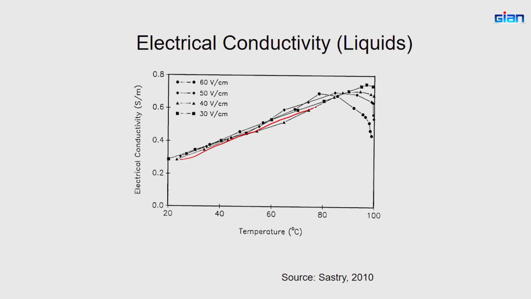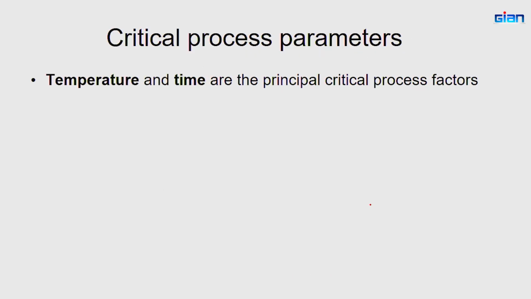Generally, as you increase the temperature from 20 to 80 Celsius, you see a straightforward increase. Then it drops here, but this is more of an experimental artifact, because at 100 Celsius water starts boiling. If you don't pressurize it, you're going to evaporate, which gives a false temperature reading. So this data is not reliable. You have to have a pressurized electrode or system to measure the electrical conductivity at higher temperatures.